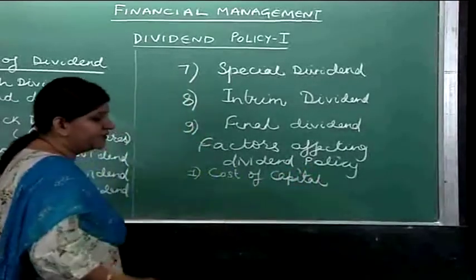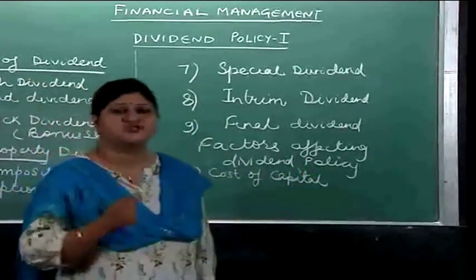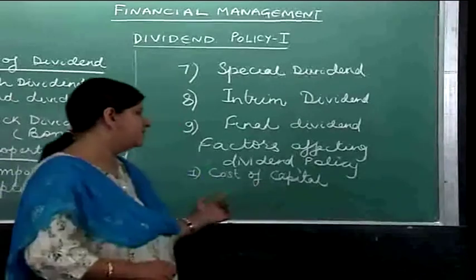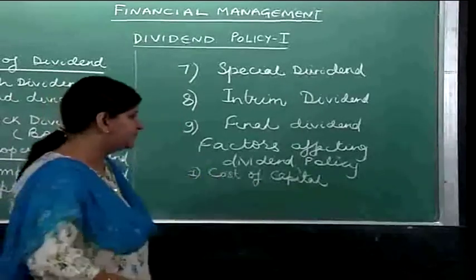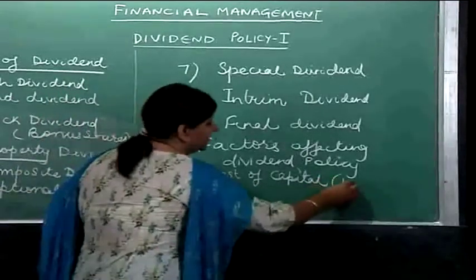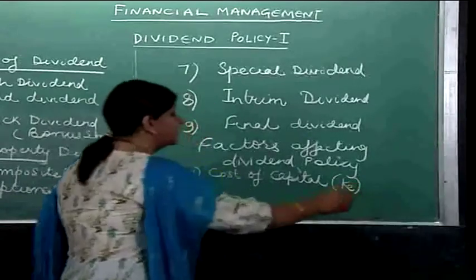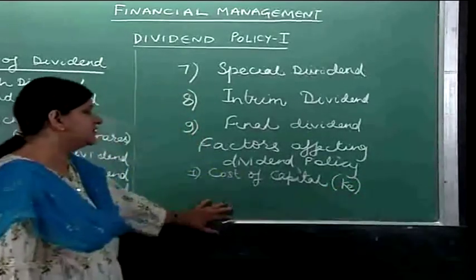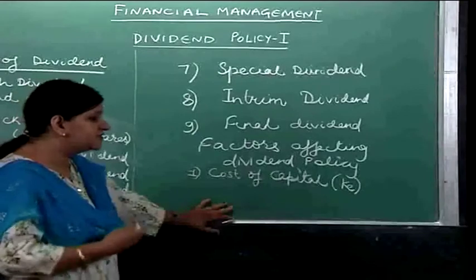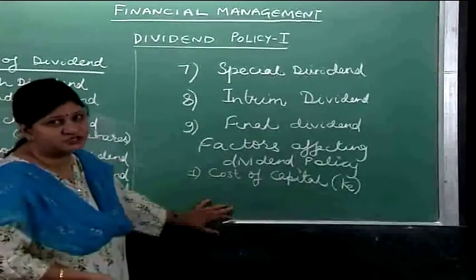Cost of capital is the expectation of the shareholders from the company, and it is represented by the symbol called KE. It is the cost which a company needs to incur to use the funds in the form of equity share.